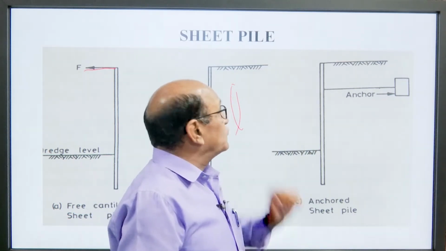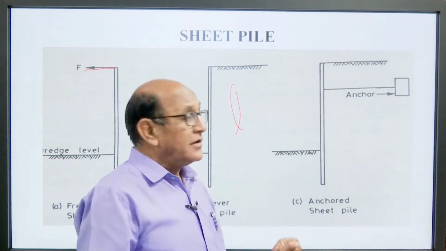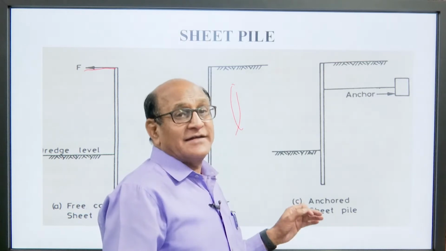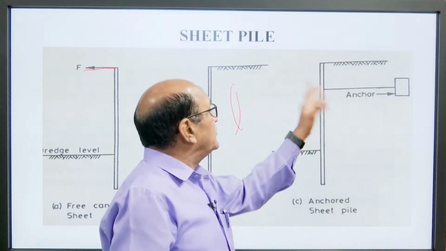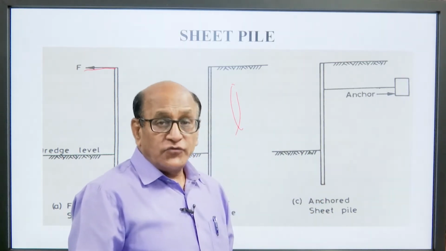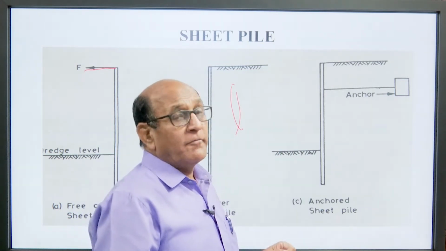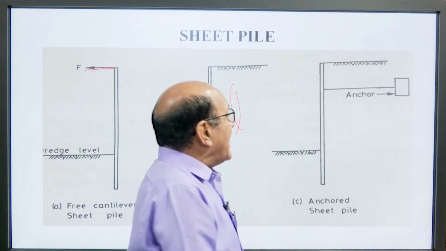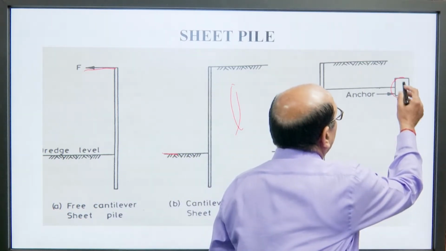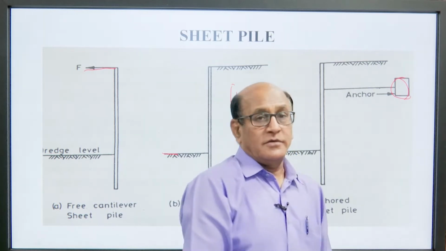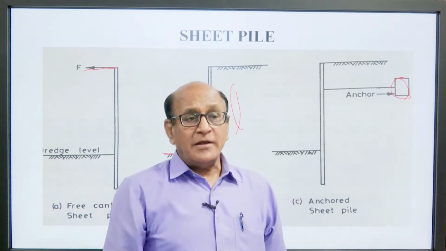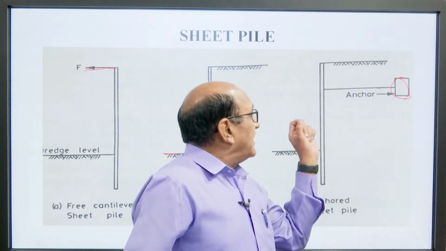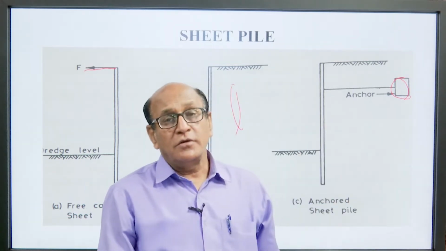Because its height is too much, it is very difficult to counteract the force acting on this sheet pile. So, the top portion of this sheet pile is anchored here with a sub block and this will counteract the forces developed due to backfill.